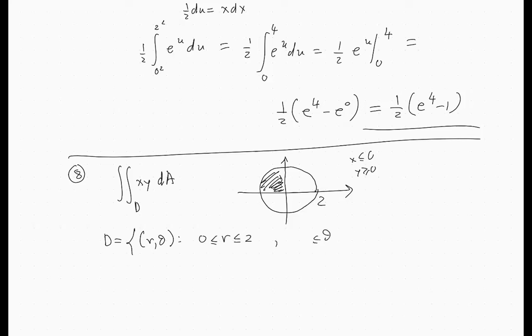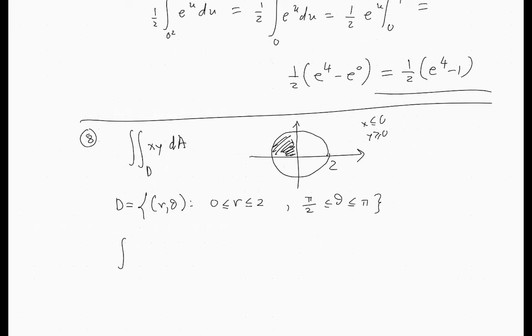Again, it doesn't really matter whether you put strict inequalities or just weak inequalities with also the equality sign. The integral that you will need to compute will be from 0 to 2 matching with dr, and pi over 2 to pi that is matched with theta. So that takes care of the domain, which is usually the most important step.